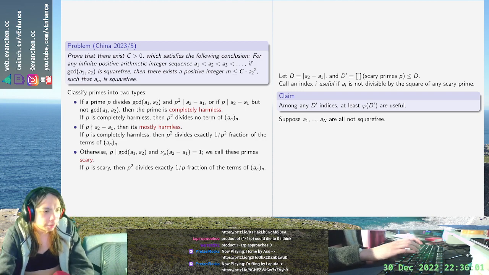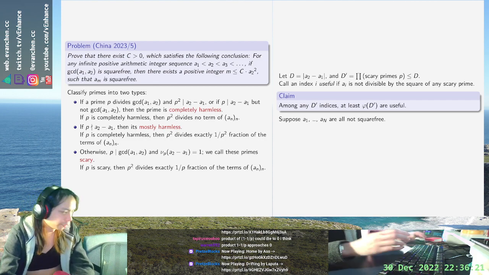So among any p squared times d consecutive indices, exactly d of the useful indices get destroyed, I guess is what you want to think of it.